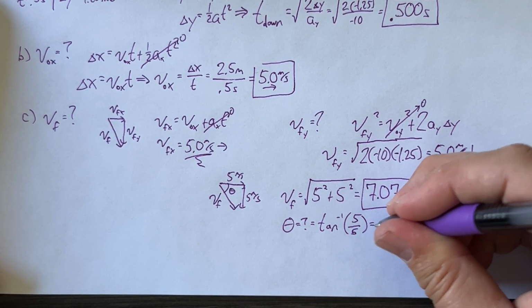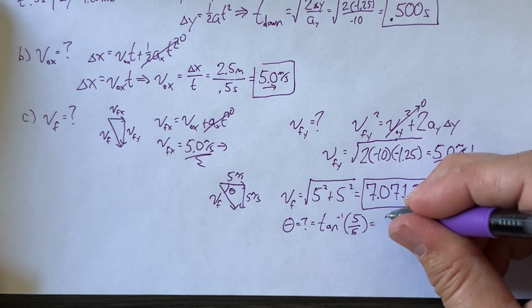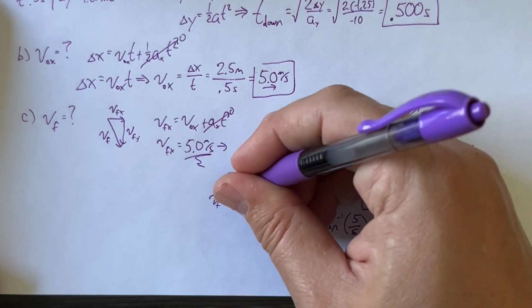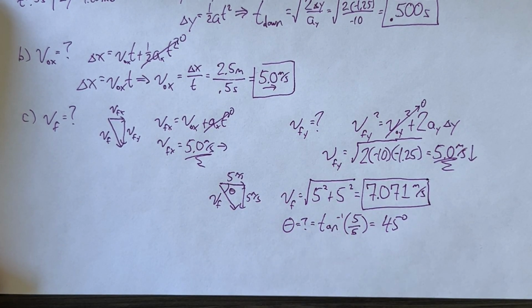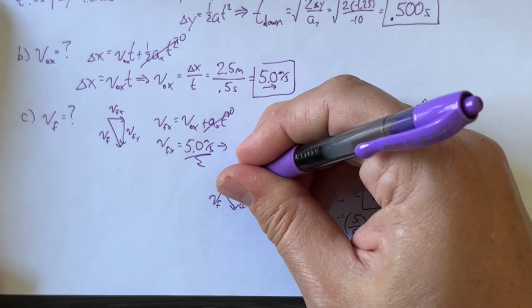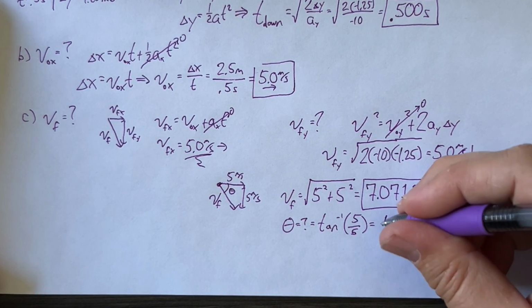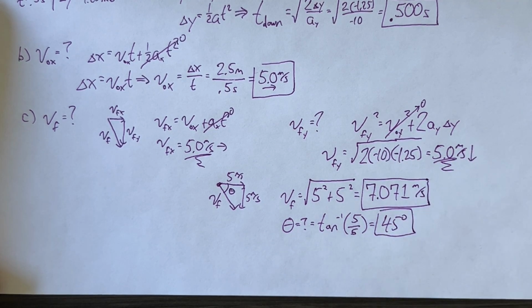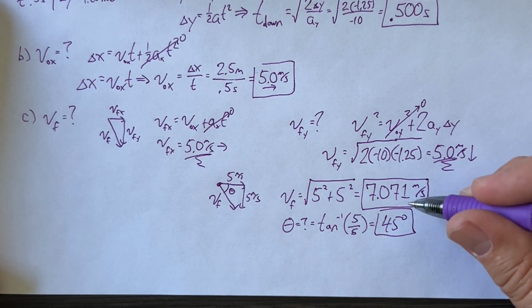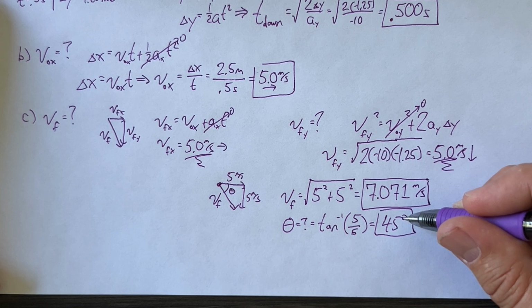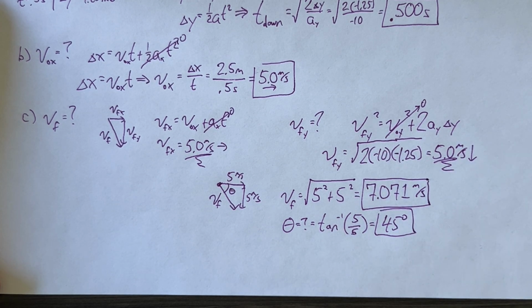And that inverse tangent, when I plug that in, will tell me that the angle, what we marked up here, and it's always the angle at the start of the vectors, that angle in this case will be 45 degrees. So our final velocity is 7.07 at 45 degrees below the horizontal.